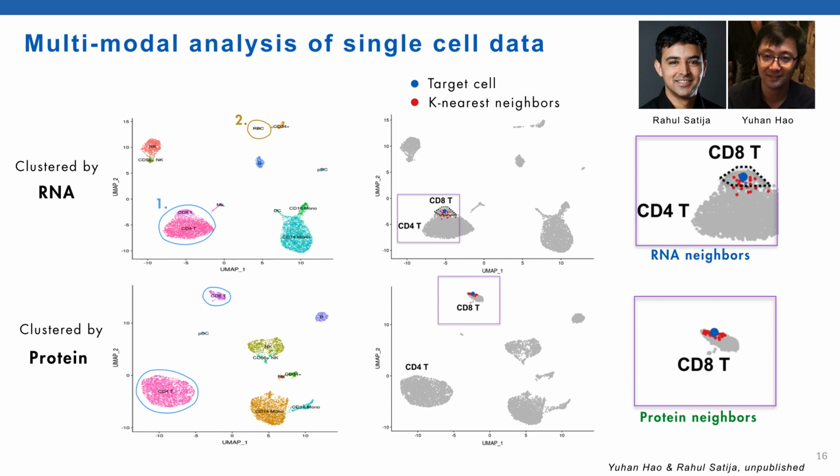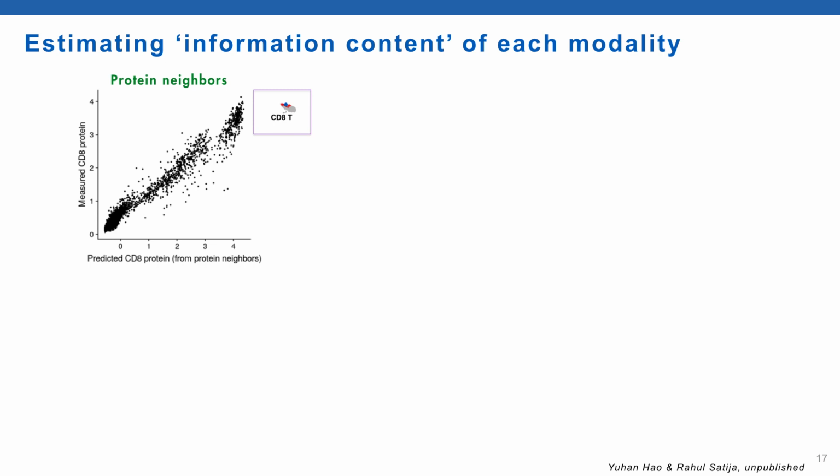In the case of this CD8 positive T cell highlighted in blue, by looking at RNA neighbors, you'll get CD8 positive T cells that you'll call its nearest neighbors, but you'll also get some CD4 positive T cells, just because the clustering hasn't really separated them out very well. In contrast, if you look at protein, you're pretty much just going to get CD8 positive T cells. So the protein is probably going to be a more accurate way of determining nearest neighbors for the case of CD8. And this is indeed the case.